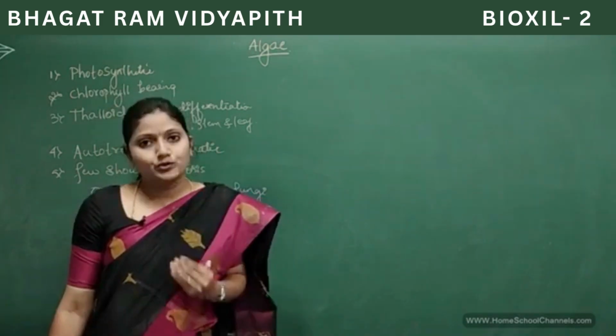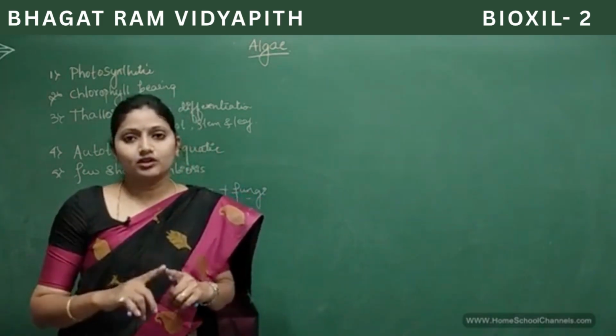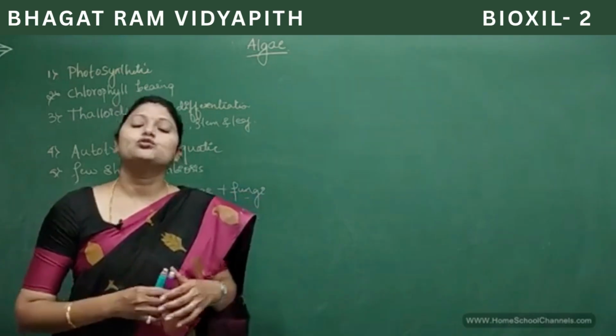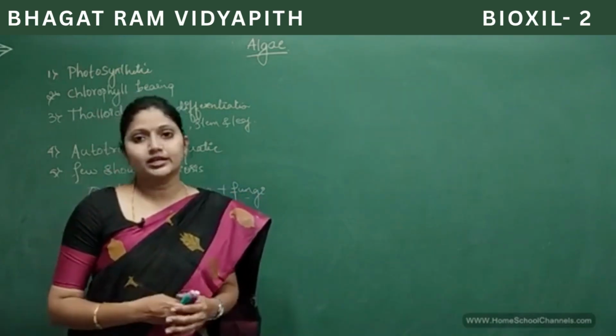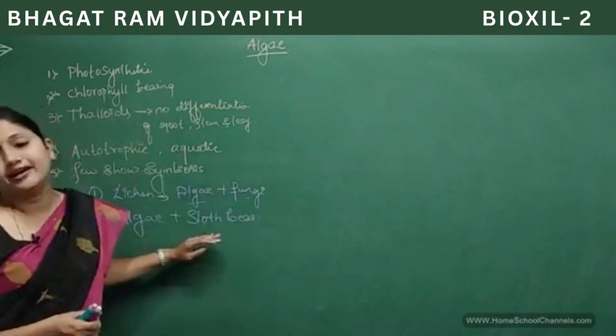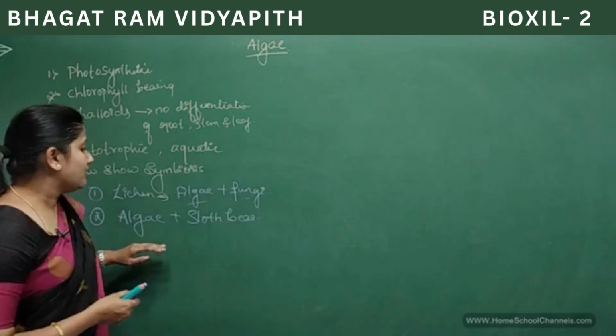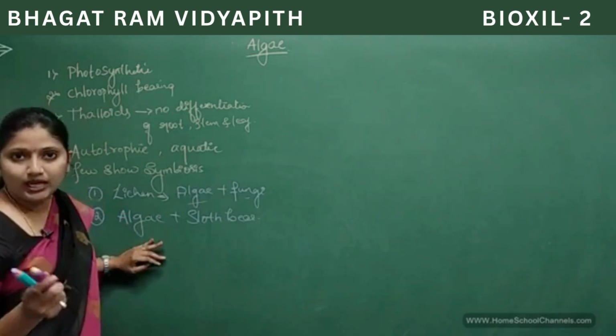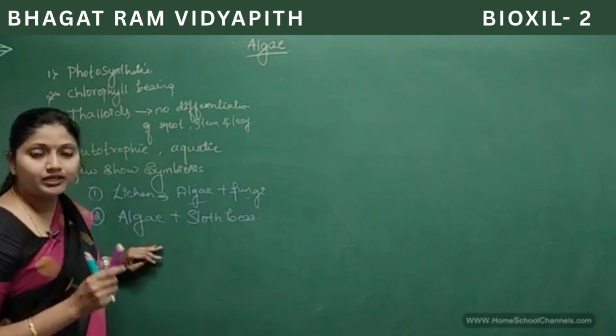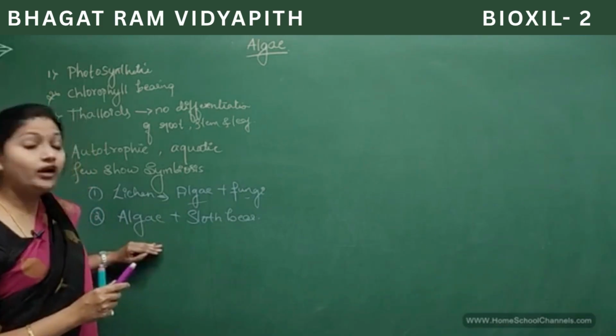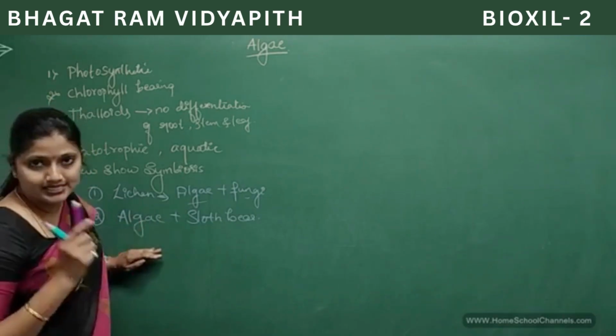So what is the advantage here for each of the organisms present together? What are the mutual benefits here? So algae and sloth bear. See, algae, we know that they are phototropic in nature and they want water for their survival.